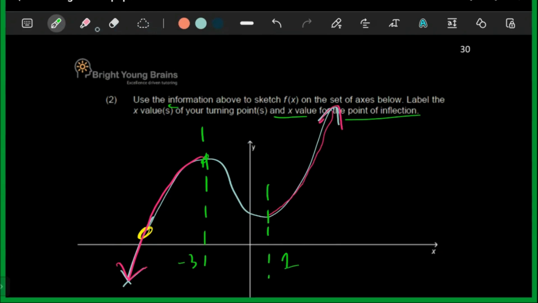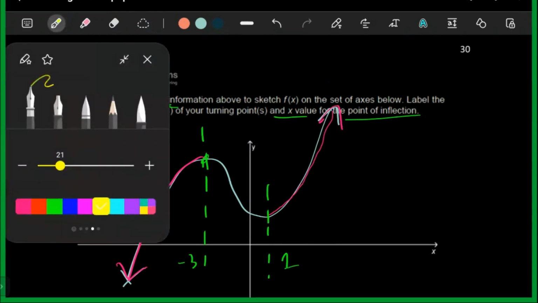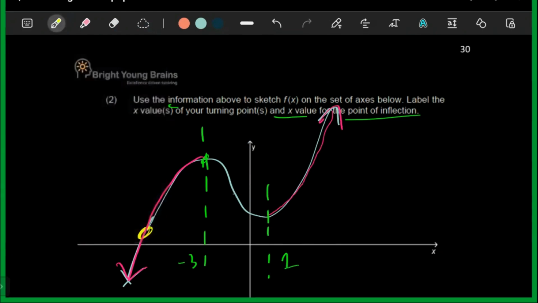The point of inflection is going to be in the middle of the two x values of your turning points. So you're going to find the middle of negative 3 and 1. You add those up, you divide by 2. It's going to give you negative 2 over 2, which is negative 1. So there you go.